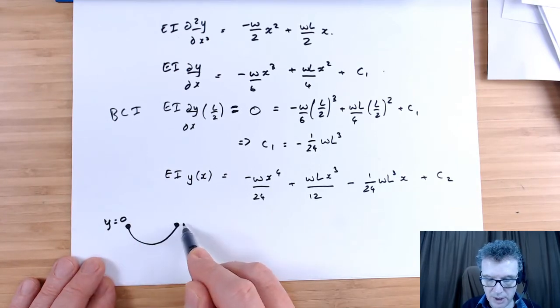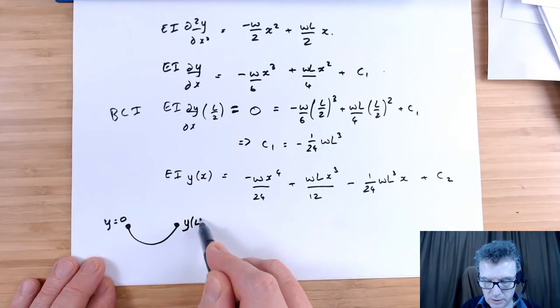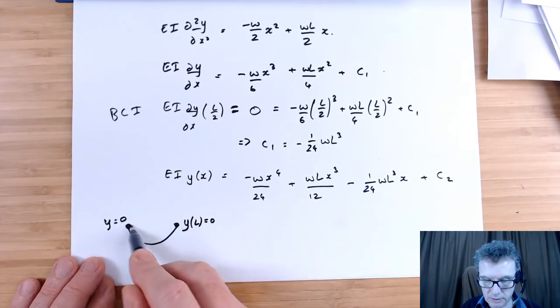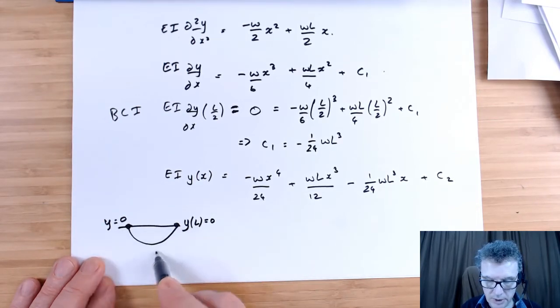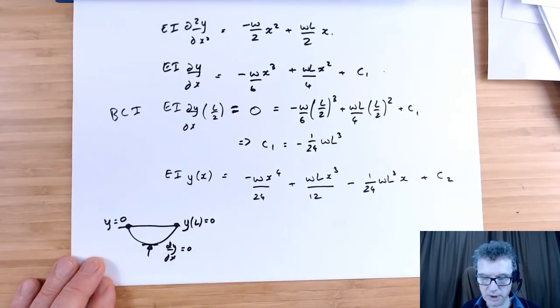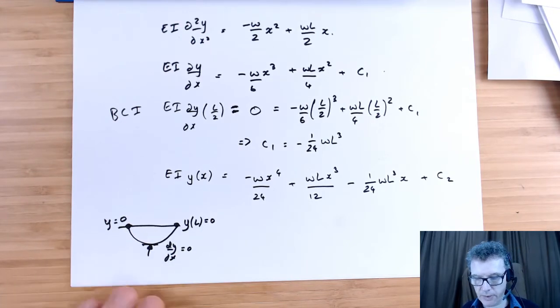At the end, y equals 0. And the other one, the first boundary condition, is that dy by dx equals 0. I've applied that boundary condition there. So I'm going to use this one as my check.